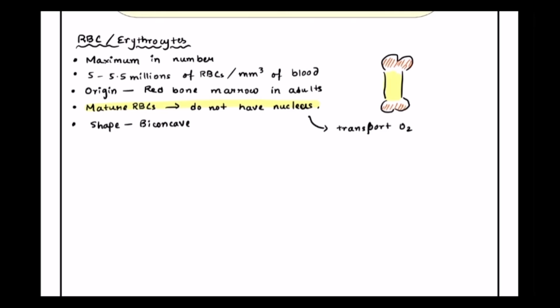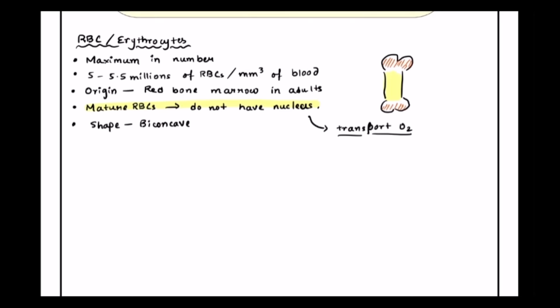Now, to make space for maximum oxygen carrying capacity, they are devoid of nucleus or any fundamental organelle that is present in the other cells, like mitochondria, the endoplasmic reticulum, and all that. So they do not have any organelles. That is why that property makes RBC the suitable candidate for transporting the maximum amount of oxygen.